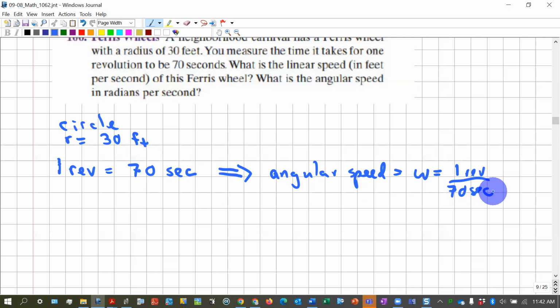The second question that's asked is, what is the angular speed in radians per second? So we'll call this question the A part, we'll call this question the B part.